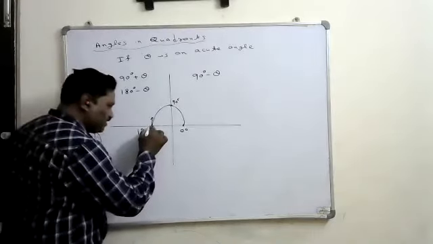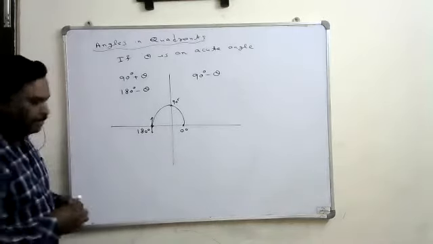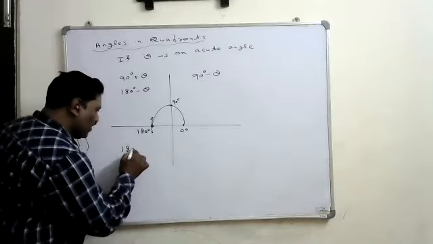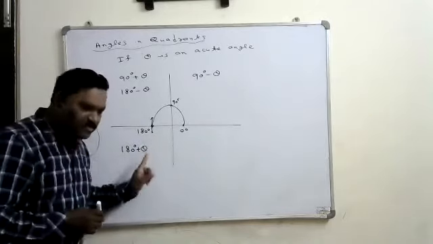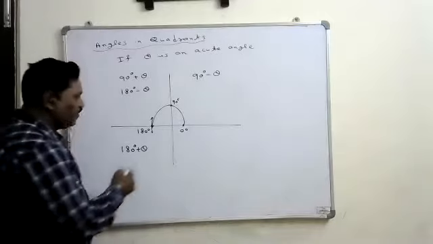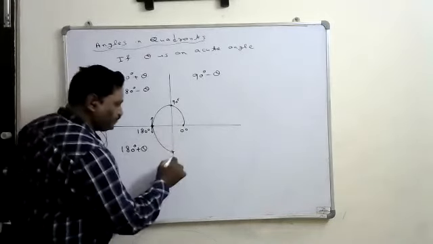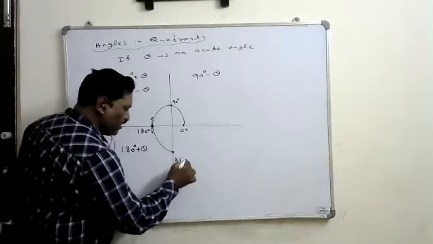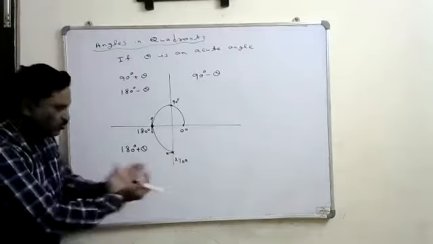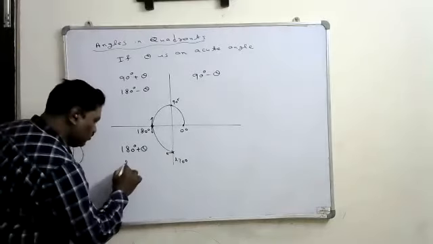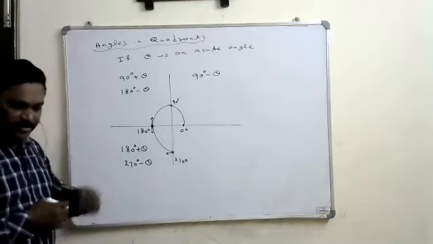For this 180, if I add something, where does it come? The third quadrant. 180 degrees plus theta lies in the third quadrant. Remember that. Moving further, the total angle up to here is 270. If I subtract something from 270, it goes to the third quadrant: 270 degrees minus theta lies in the third quadrant.